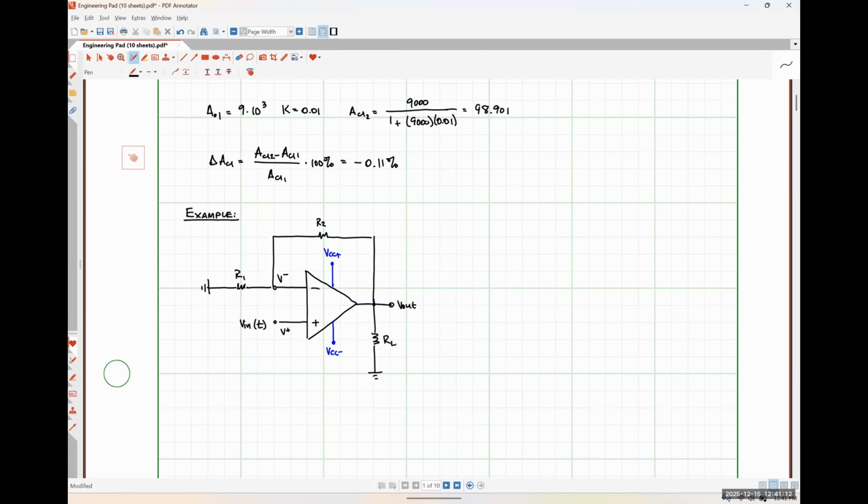So our op amp parameters are going to be as follows. We're going to have Rin equal to 1 mega ohm. R out will be 25 ohms. And our open loop voltage gain will be 10 to the 5 volts per volt.